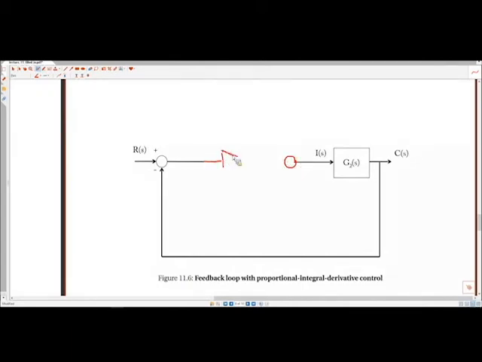So we have our proportional controller, and then we have derivative control, all going to 1. So now this is our G1.